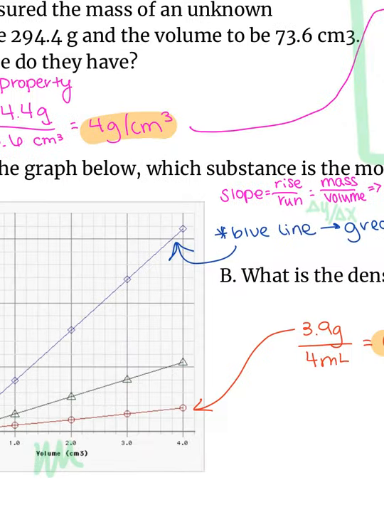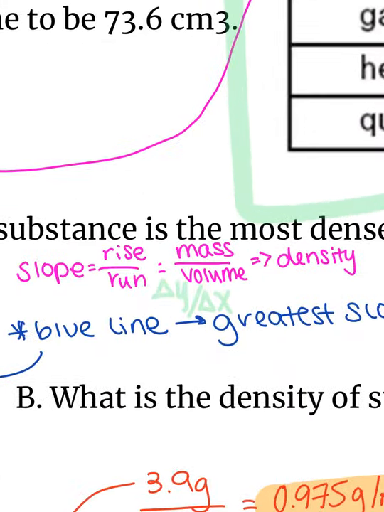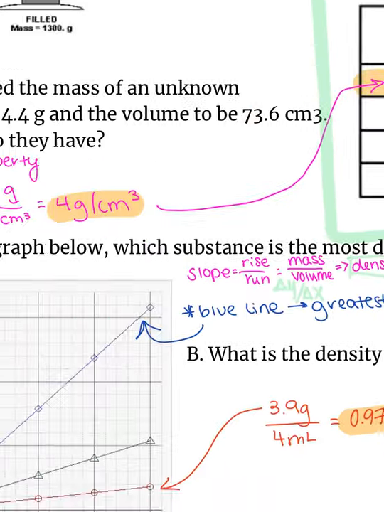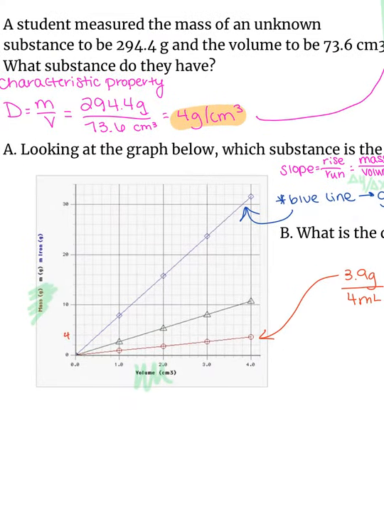So if I do my rise divided by my run, that gives me mass divided by volume. So the density is representative of the slope. The steeper the slope, the greater the density. That would be like the blue line right here. Whereas with the red line, it has a more gradual slope. The more gradual the slope, the less steep it is, the lower the density.